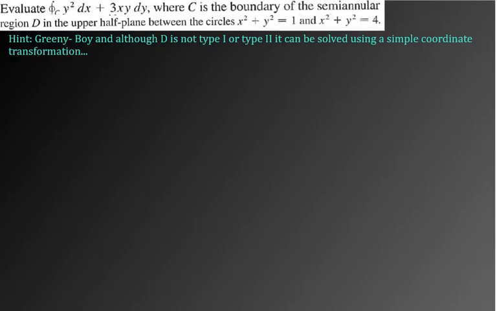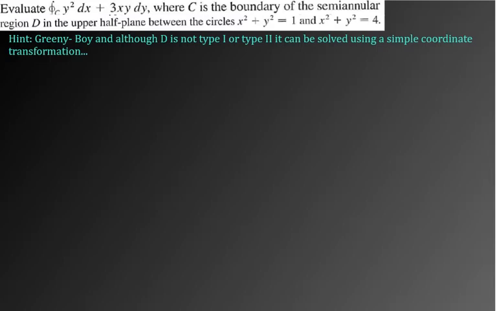I first want to do another line integral problem where we can use what I am affectionately calling Greenie Boys theorem. I'm always going to start off in any of these problems by figuring out what region I'm talking about. So C is the boundary of the semi-annular region D in the upper half plane between the circles, and so on.